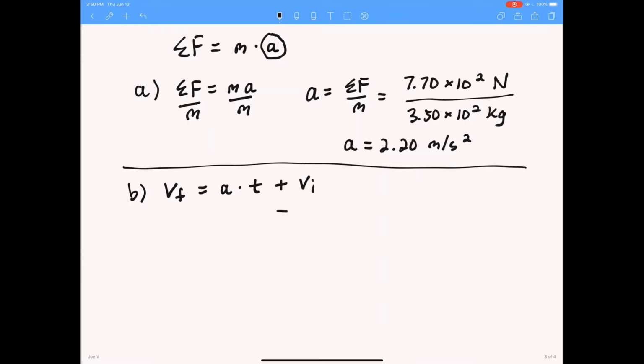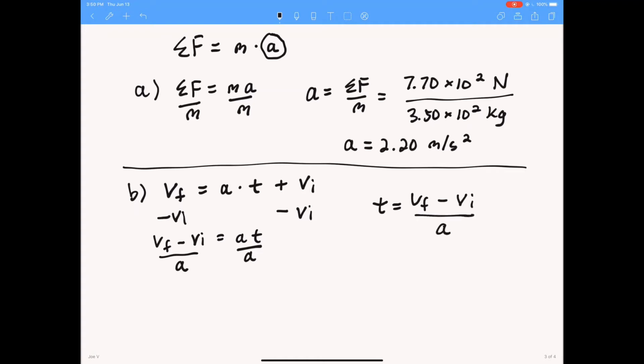First, we need to subtract initial velocity from both sides. Next, we divide acceleration from both sides. And the resultant equation for time is final velocity minus initial velocity over acceleration.